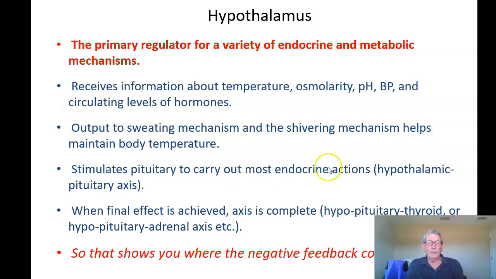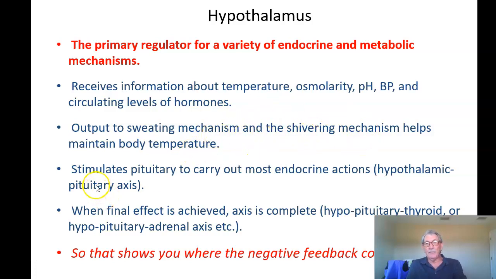It receives information about things like your blood pressure, your pH, how much acid is in your blood, osmolarity of your blood, how thick it is, and the circulating levels of the various hormones that it's going to have to control. It sends outputs then to control your temperature by making you sweat or shiver.